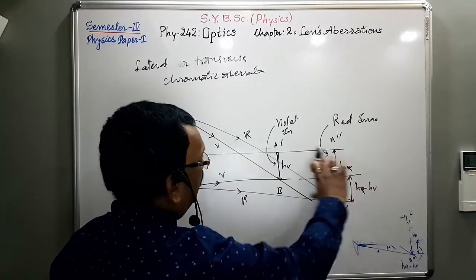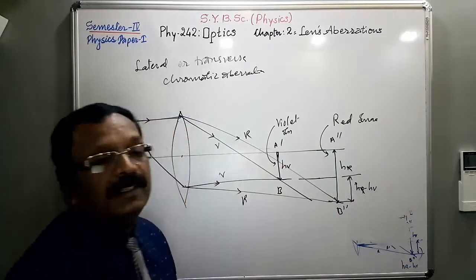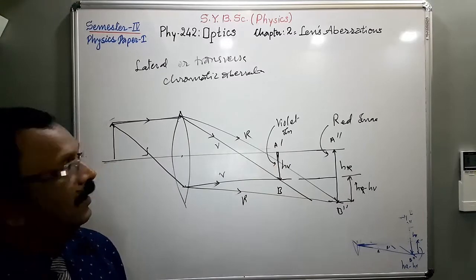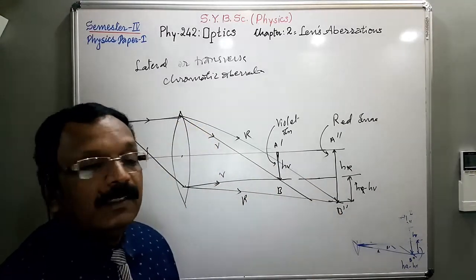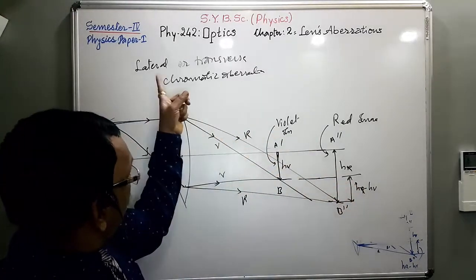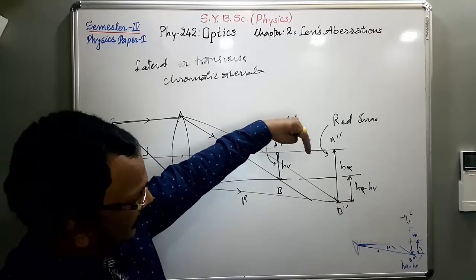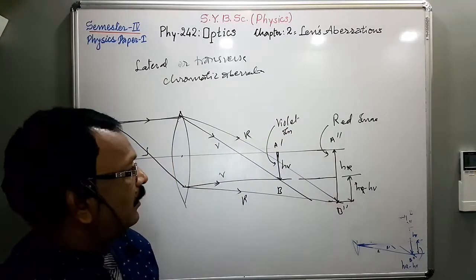So this is the image which is formed by red rays, and this is the image which is formed by violet color. So this is the violet image, and the difference in height is the measure. This is the lateral or transverse chromatic aberration.